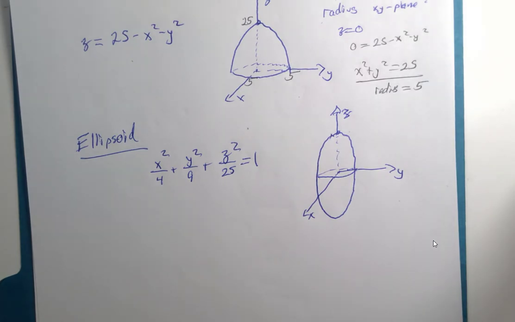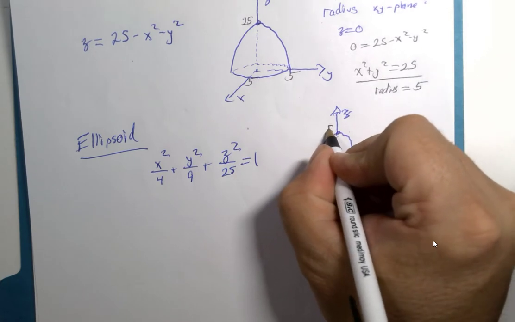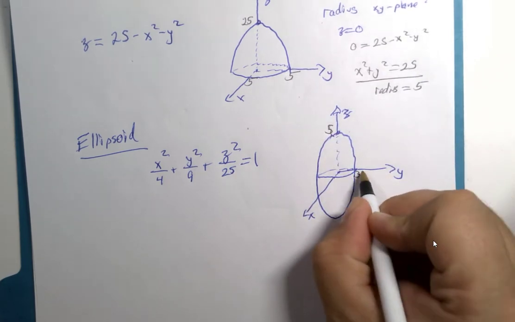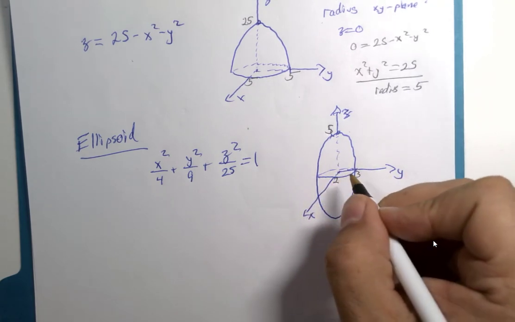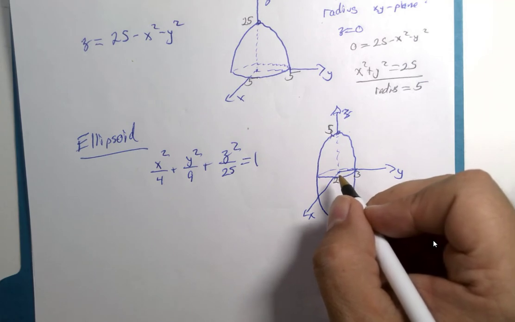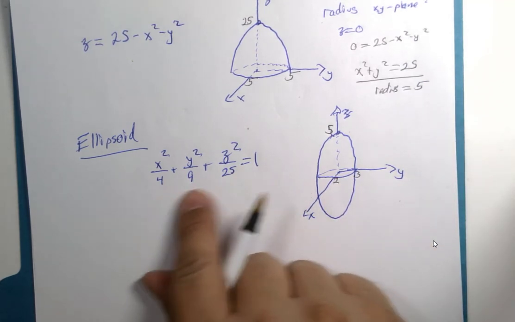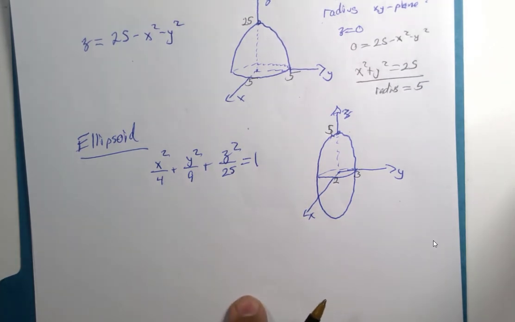And again, not a grand scale, but it is going to hit 5 units up and down on the z-axis, 3 units in either direction on the y-axis, and 2 units in the x-axis. Now I'm not reteaching about the ellipse, but this should bring back some recollection from some mathematics before calculus.